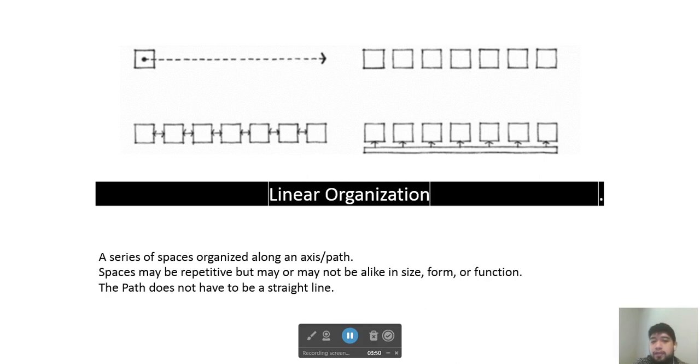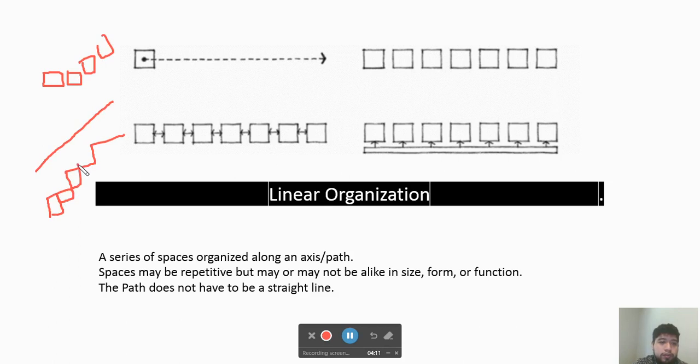The idea of linear organization is just creating spaces next to each other. It could start moving, so the line does not have to be just straight. It could be like this, but then your spaces are placed here, and you still get this linear organization. Let's see examples of people using that.